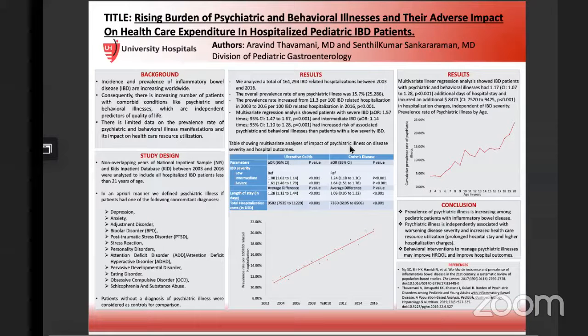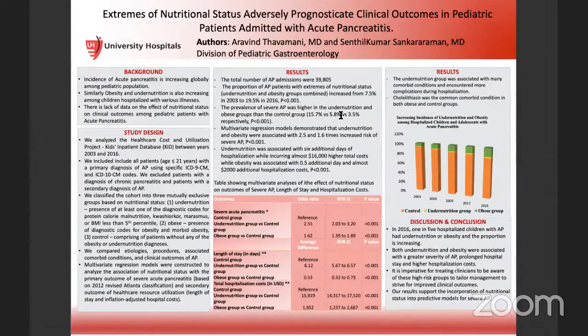Similarly, the incidence of acute pancreatitis is increasing globally, and in hospitalized patients, we are seeing an increasing proportion of patients with pancreatitis who were either obese or malnourished. There are various prognostic scoring systems looking at the severity of pancreatitis, but none of them evaluated the role of nutritional status in that predictive modeling.